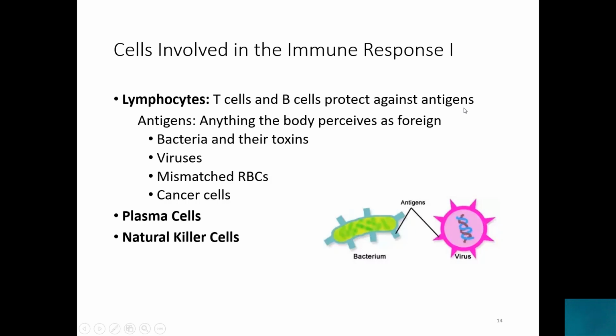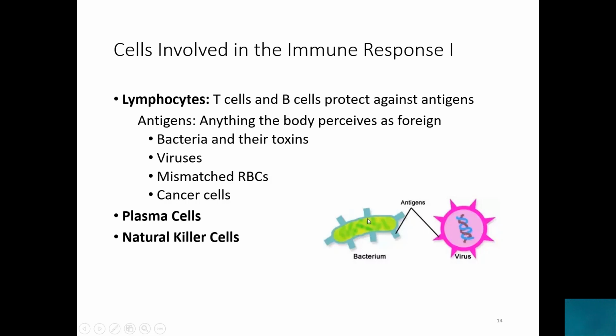Remember red blood cells. We have or we don't have certain antigens, proteins on their surface, glycoproteins. And other cells and other organisms like bacteria, this is a bacterium, and viruses also have antigens on their surface.